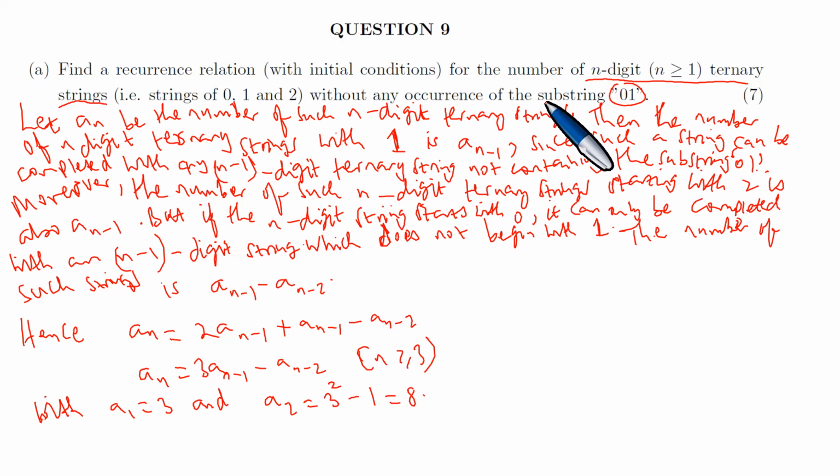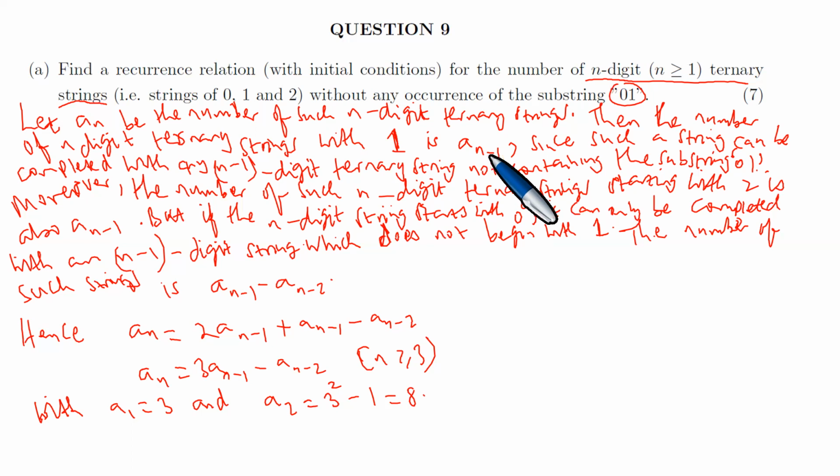They can remove the 1, 2 string. So how do you analyze this question? To analyze this, we let a(n) be the number of such n-digit ternary strings. Then we proceed to say that the number of the n-digit ternary strings with 1, because we are looking at the 0, 1 condition, is actually a(n-1).